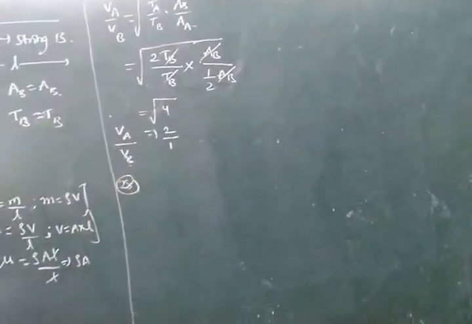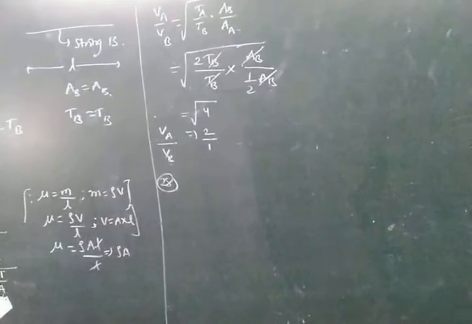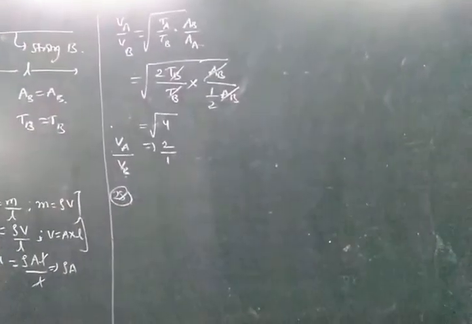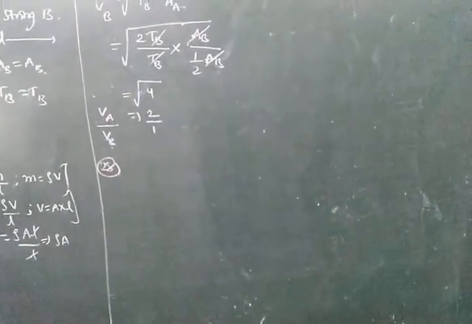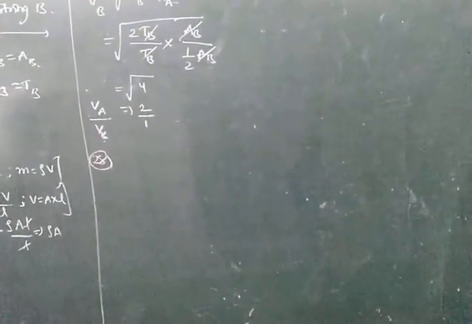Let's see question number 28. The density of the stretched string is changed by 2% without change in the tension and radius.